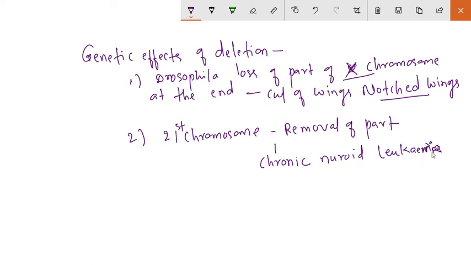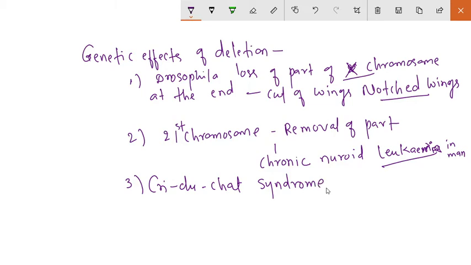Chronic leukemia in the human being. Okay, or in man. Okay, then third example, that is the Cri-du-Chat syndrome. The Cri-du-Chat syndrome means there is a missing of the short arm of chromosome number 5.